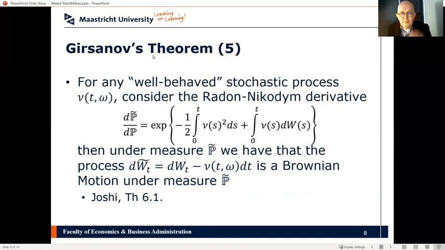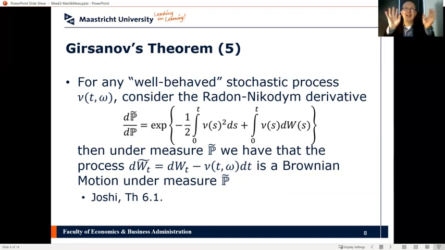So now we get to Girsanov's theorem. Girsanov's theorem basically makes the connection two ways. It says that if I have a well-behaved stochastic process, and well-behaved kind of means that the new process doesn't explode to infinity and that you have some finite moments, but we will never run into an example where the new process is not well-behaved.